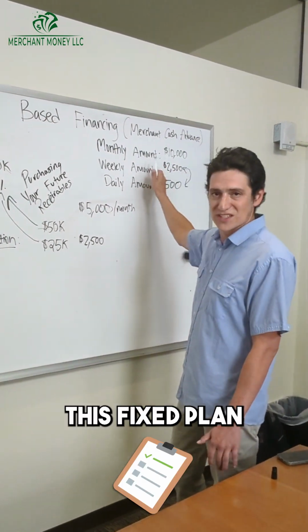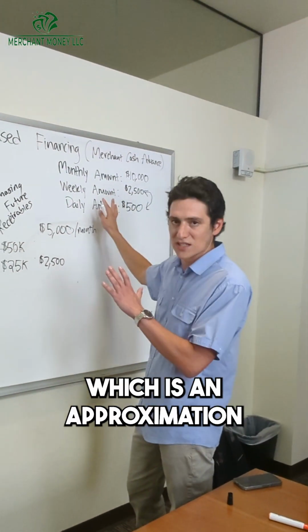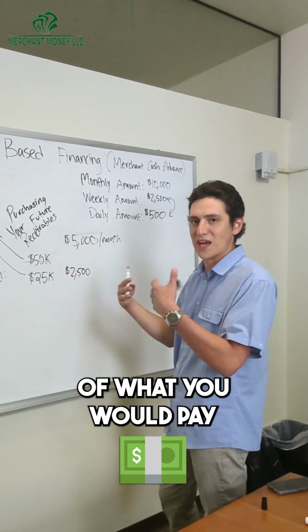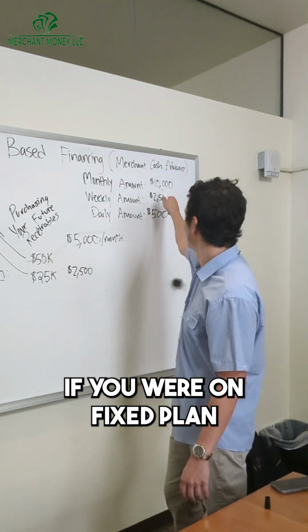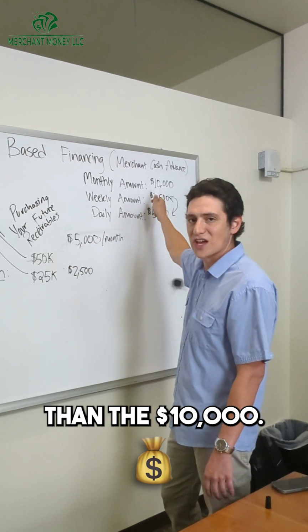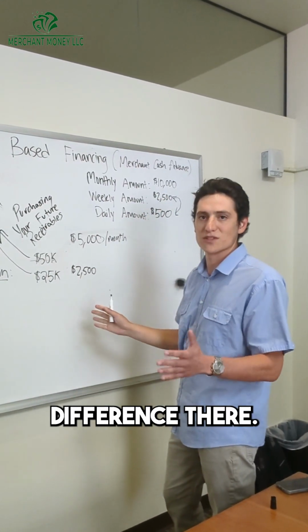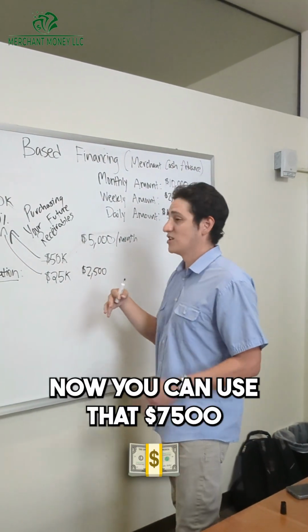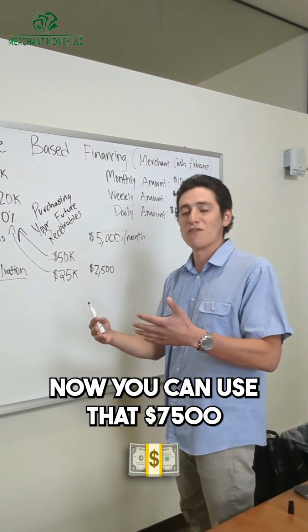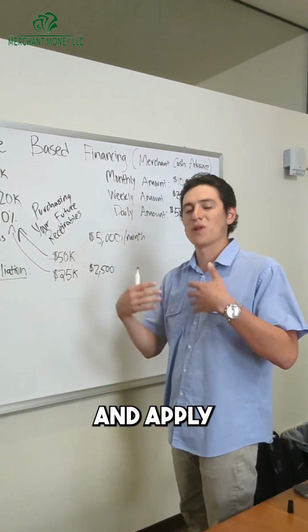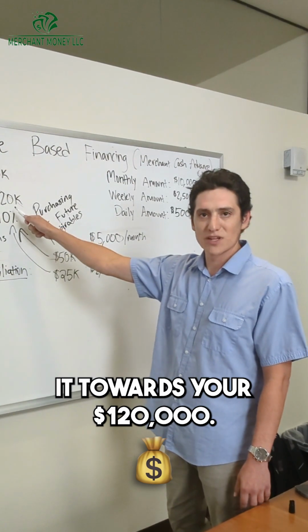But because you're on this fixed plan, which is an approximation of what you would pay, that is substantially lower than the $10,000. There's a $7,500 difference there. Now you can use that $7,500 as a quote unquote overpayment and apply it towards your $120,000.